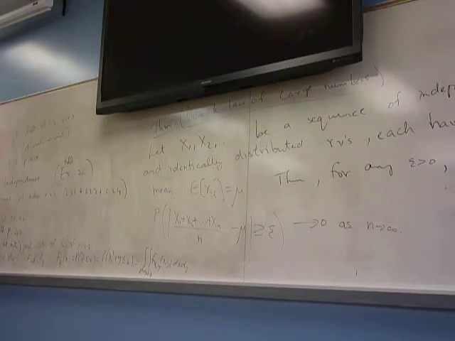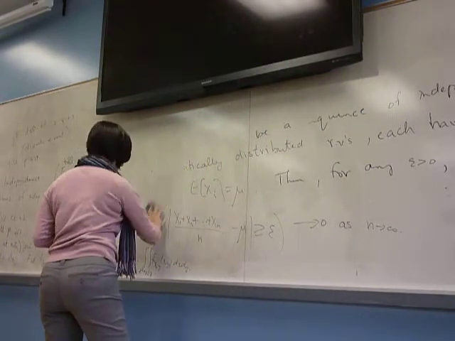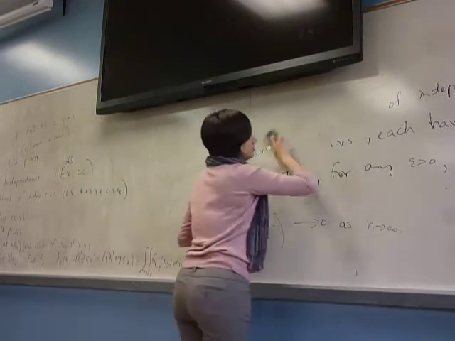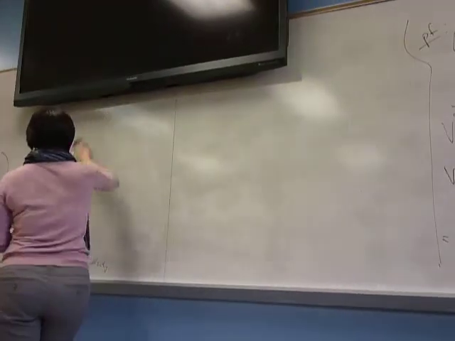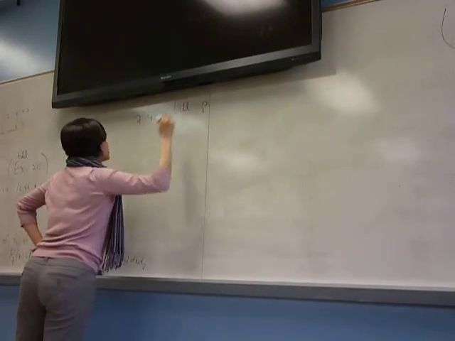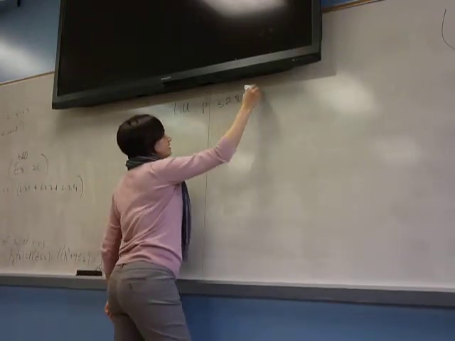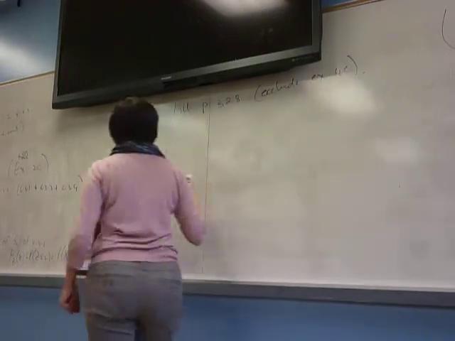So for 7.4, read till the end of page 328, and you can exclude example 4C when you're reading through that section.